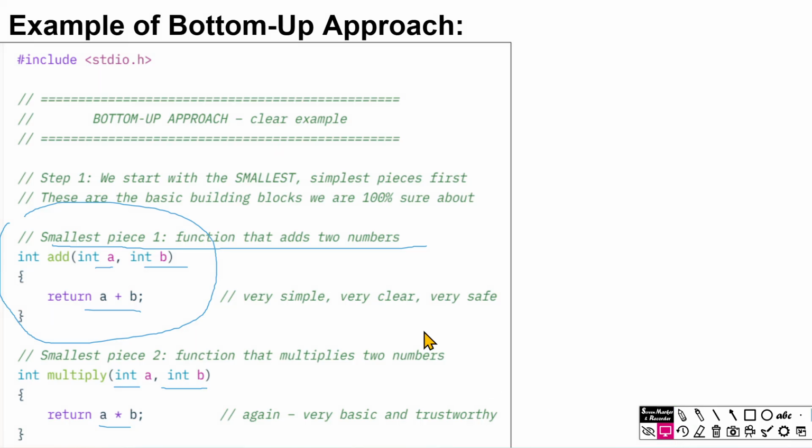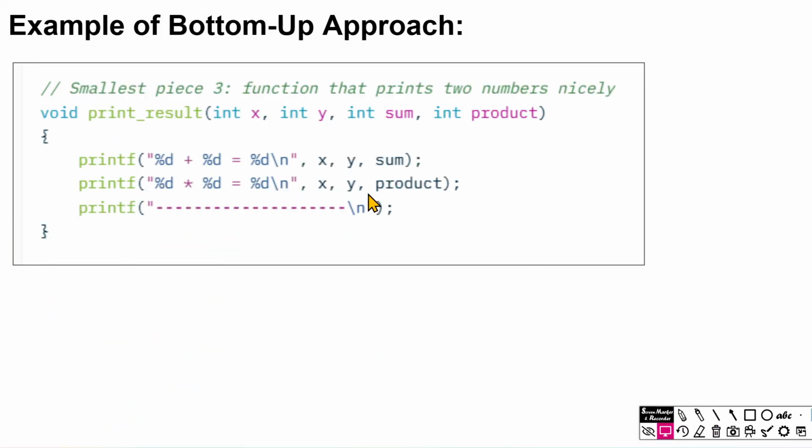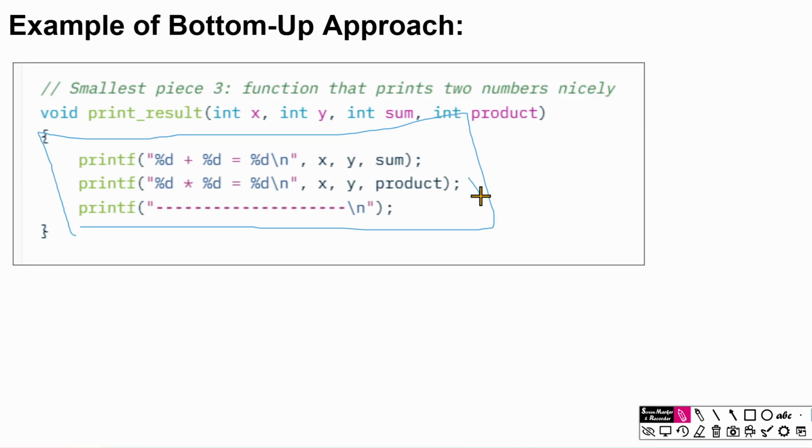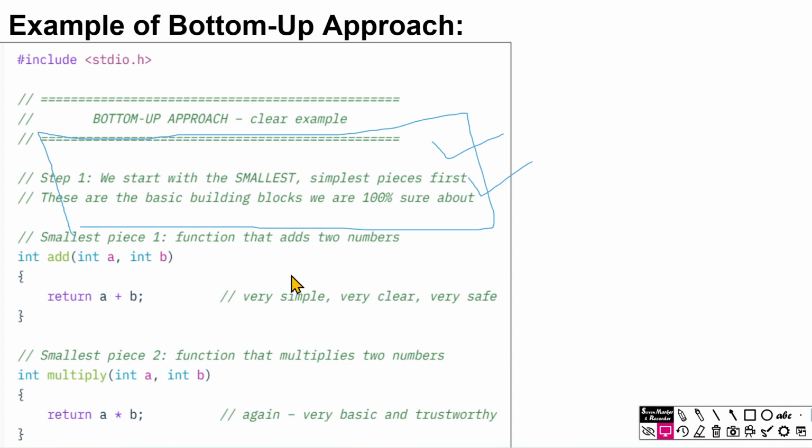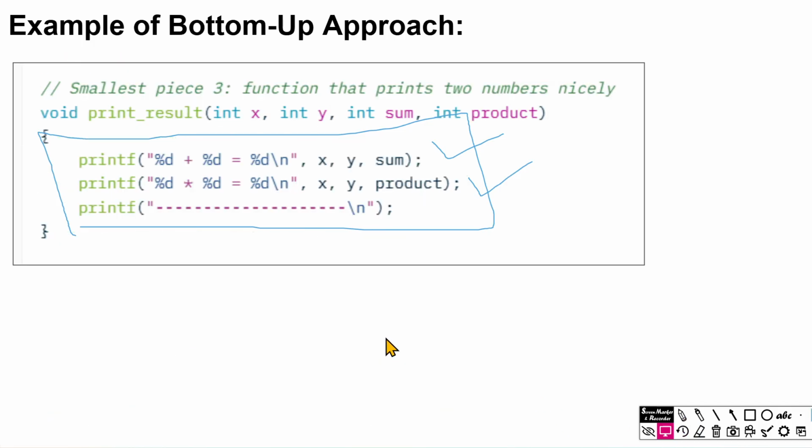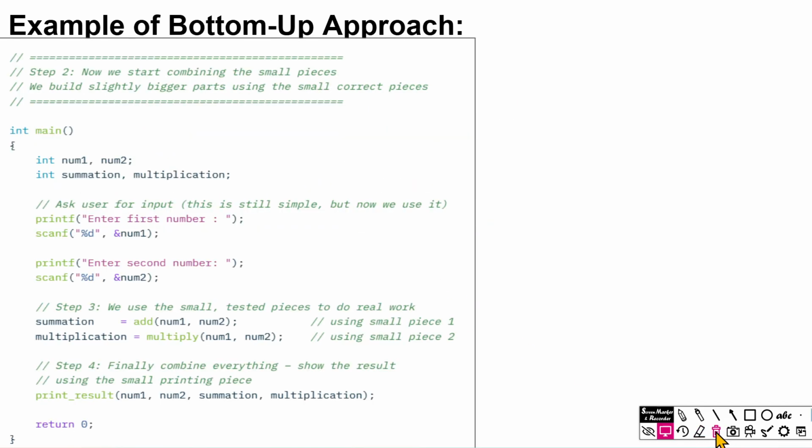After writing these subprograms, we'll have another subprogram that just prints the addition and multiplication values. In the previous subprograms we are not printing anything, just storing the result. Those results will be printed in this other subprogram. So our intention is not yet known. Then later we have a main program.